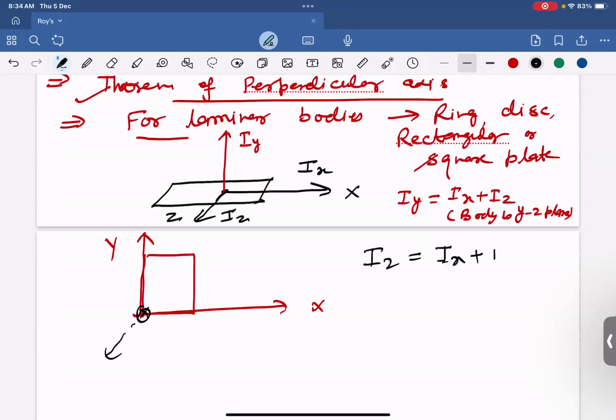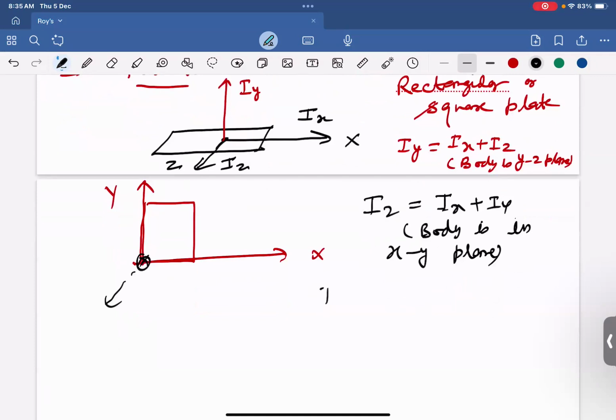So Ix plus Iy will be Iz. That means this formula we use when the body is in xy plane. Similarly, if the body is kept in yz plane, you can use Ix equals Iy plus Iz. This formula we can use when the body is in yz.